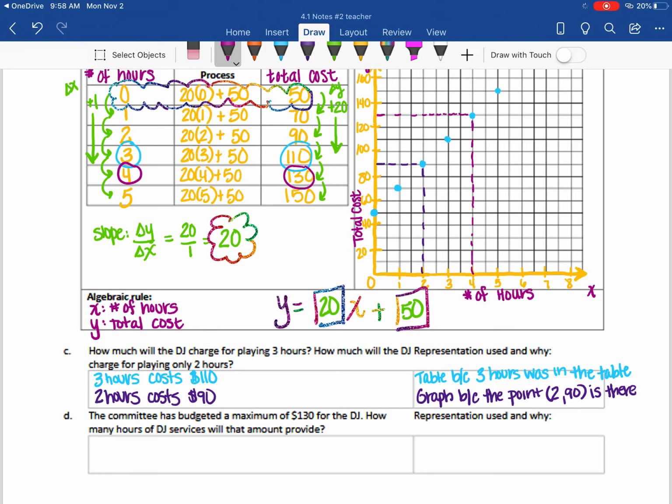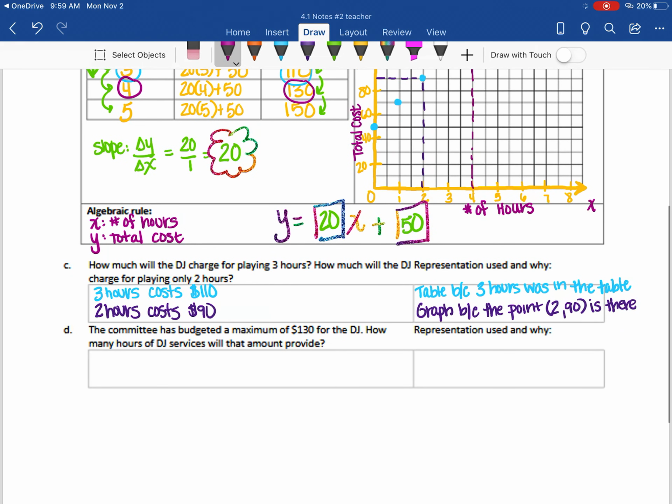I'm going to show using the rule, just so that we have an example where we use the rule. Okay, so if we are looking at $130, $130 is a total cost, so that's going to go in for y. So I'm going to use my rule, plugging 130 in for y: 130 = 20x + 50, and I'm going to solve using my inverse operations.